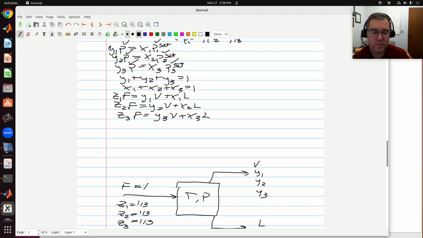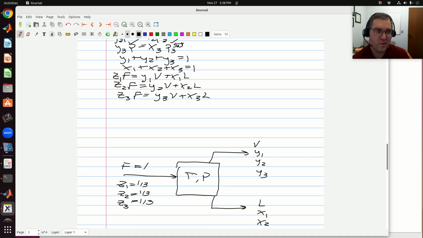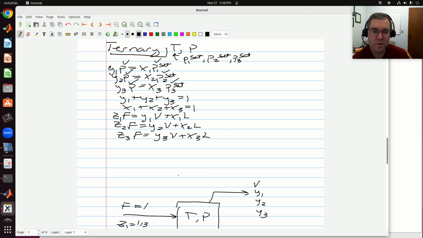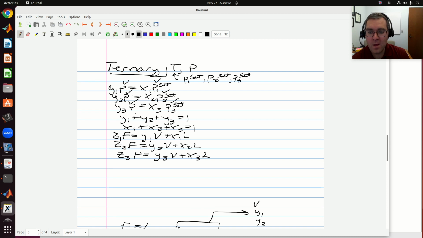And so if I look at this, if I were to assume a basis of F equal to 1, because I need to give a basis, so if I specify F is 1, now what I have is, before we had 6 unknowns and 5 equations.